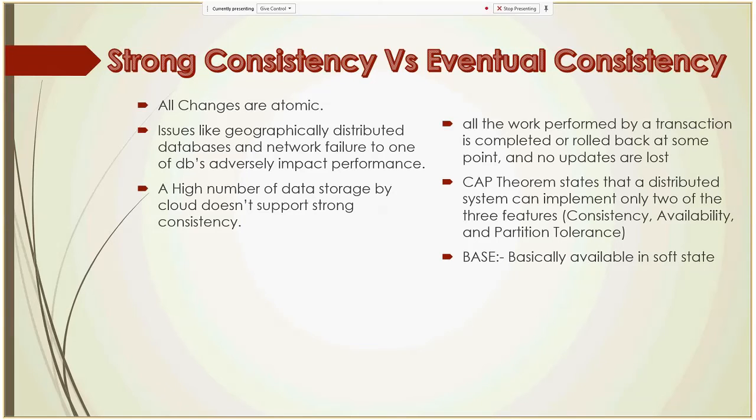Okay. Some people also call this state BASE, which is basically available, but in a soft state, which means it's still fluid and there are transactions happening at this point. Okay.